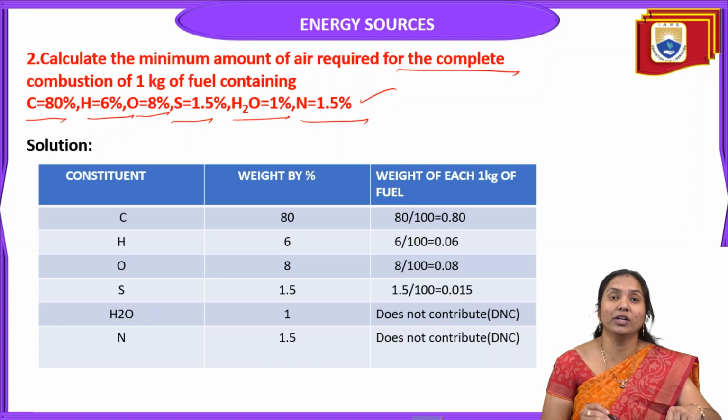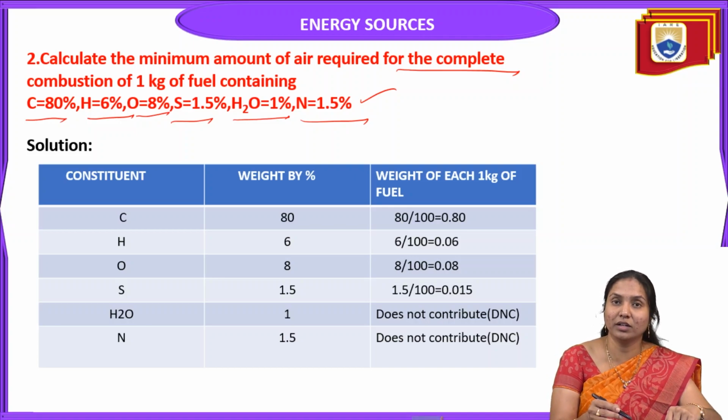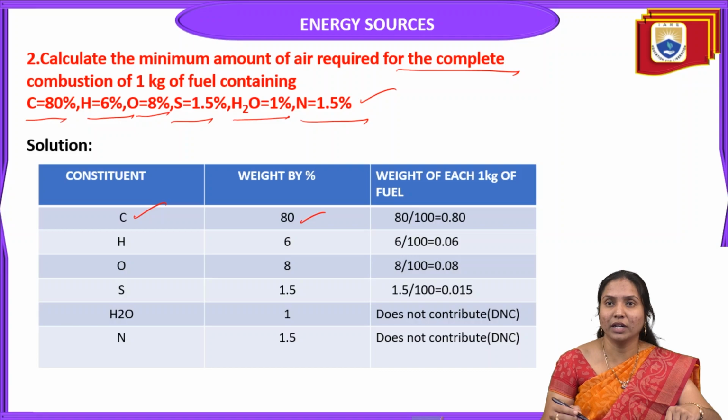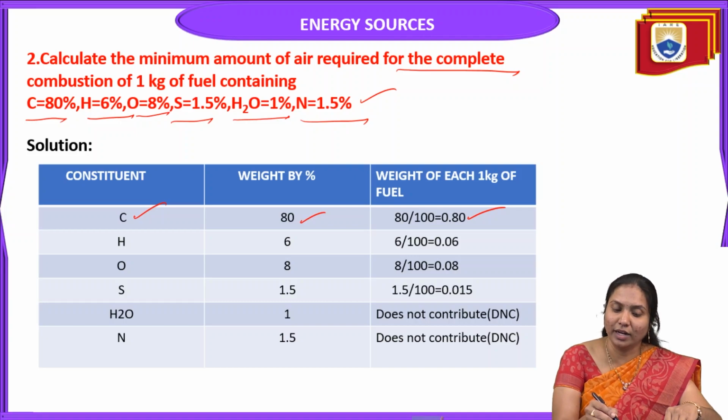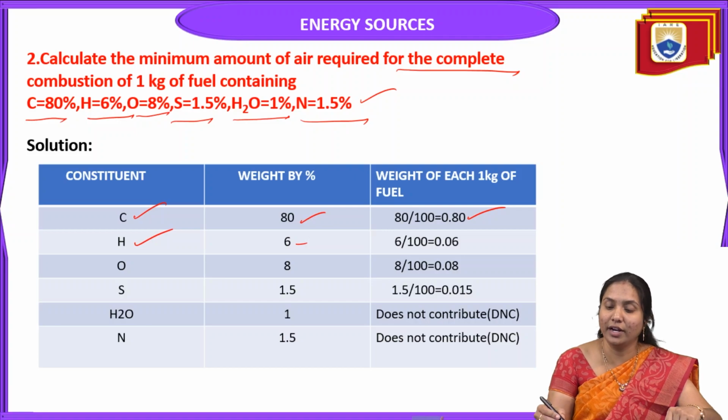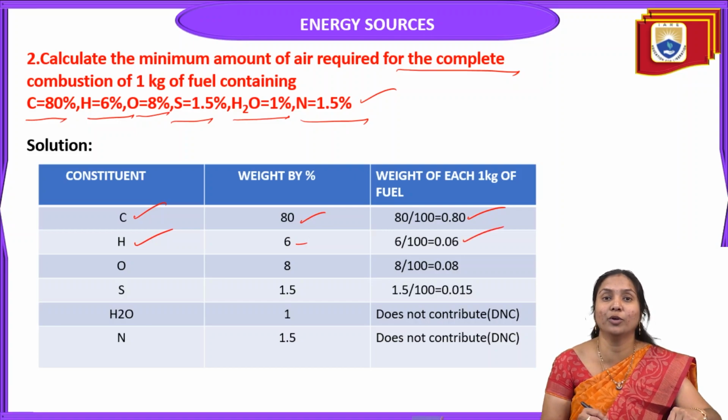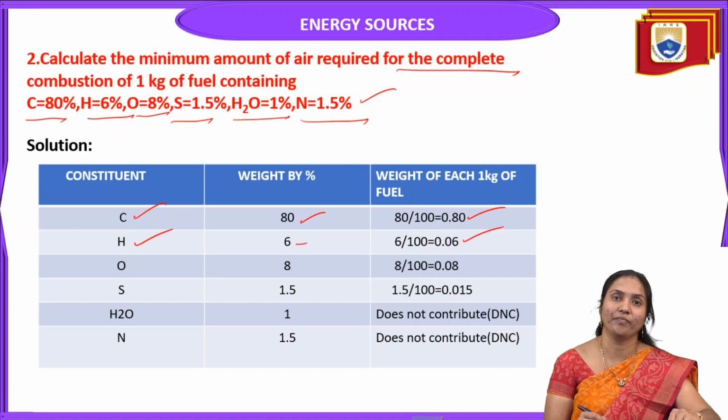So here we are taking 1 kg, so we can convert it into kilograms. What are the constituents present in this fuel from the given data? Carbon is given as 80 percent, so we can convert it into kilograms and get 0.80. Hydrogen present in this fuel is 6%, and we can convert it into 0.06 kilograms.